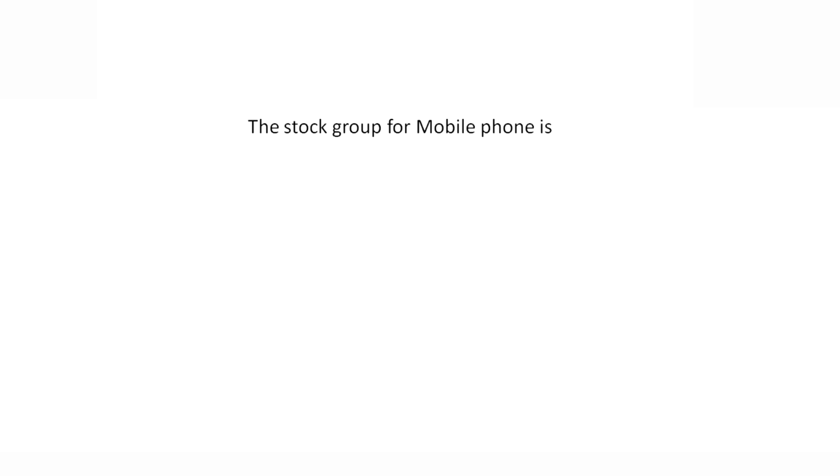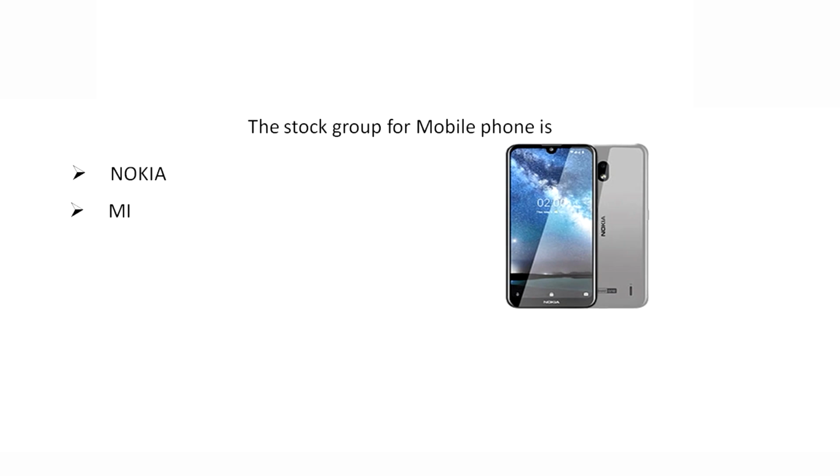Now we go with the next example similarly. If you take an example of mobile phones, you have Nokia mobile, MI, Samsung and iPhone. These are the mobile companies who sell mobiles to customers.